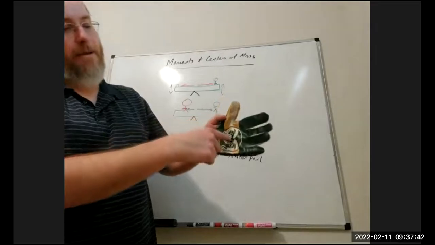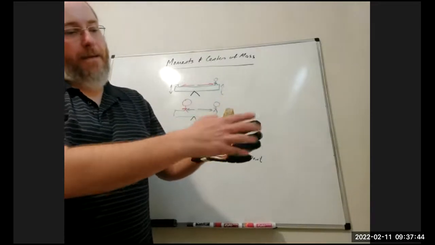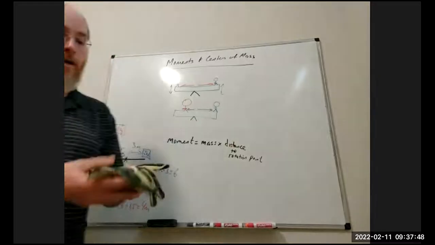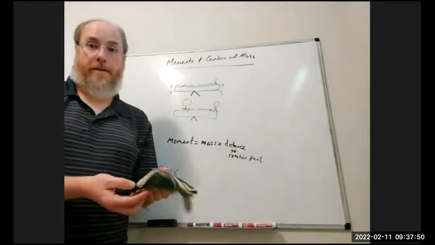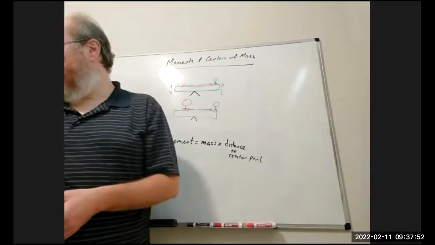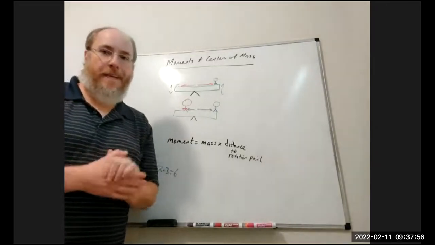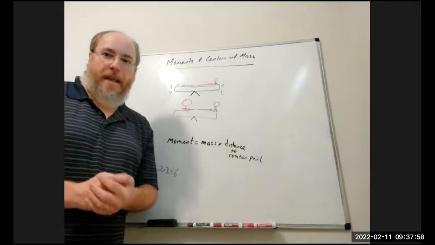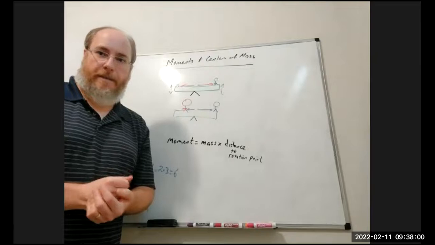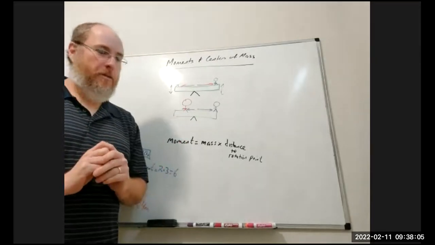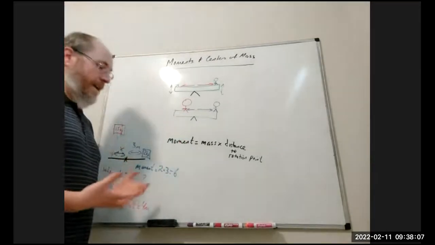It may not be right in the middle of the ram head because I've got weird distribution of my mass. But the question is, where is it? Now, in physics, the reason that we care about that is that then we can take this really big extended object and treat it as if it's just one point. And that's way easier to do. All right, so that's the rationale.